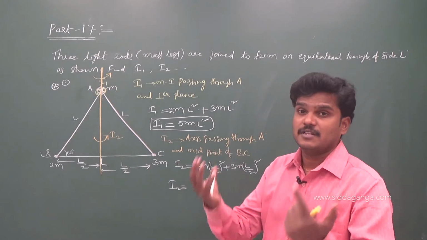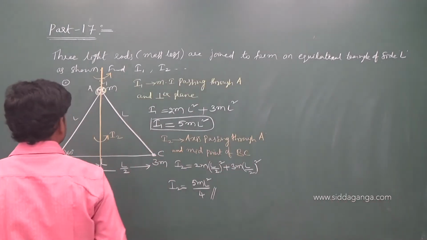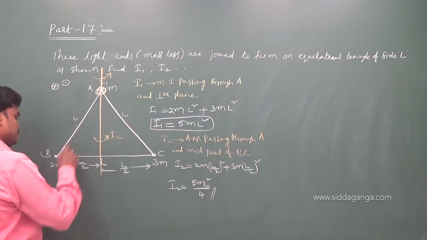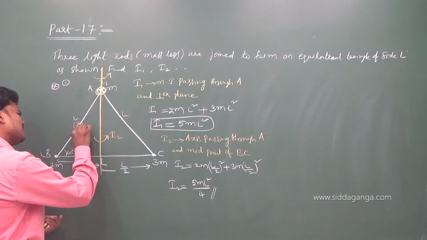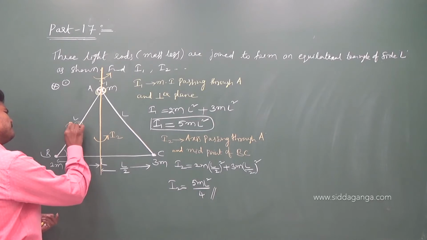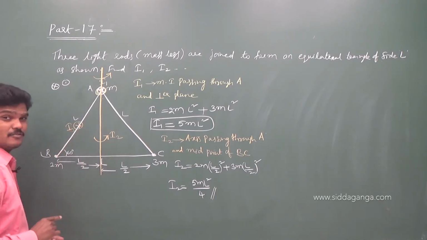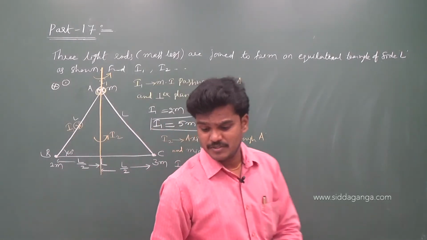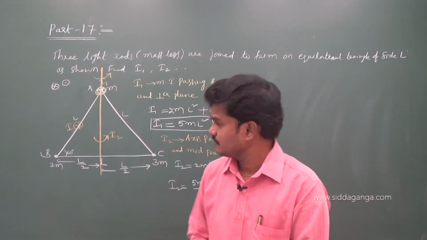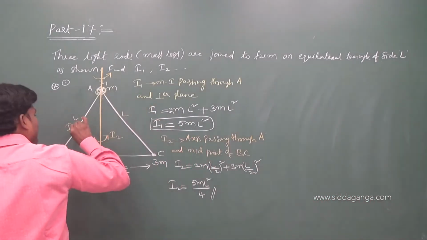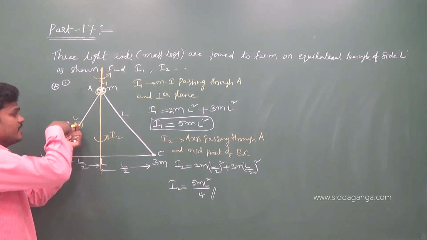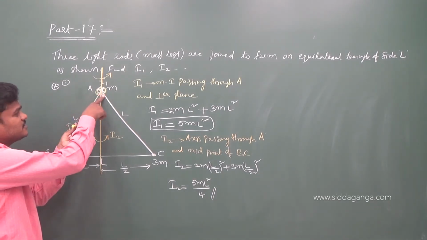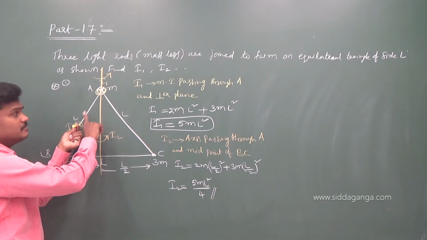If they give some other axis, like this, about this axis, if they ask, what is this cross mark symbol? Tell me. I3. Got how I am finding I3? About this axis, this mass is at a distance of L by 2. Clear?